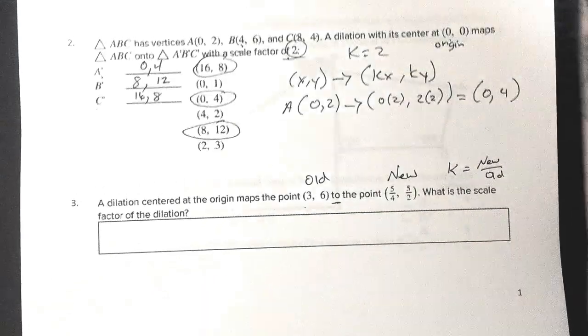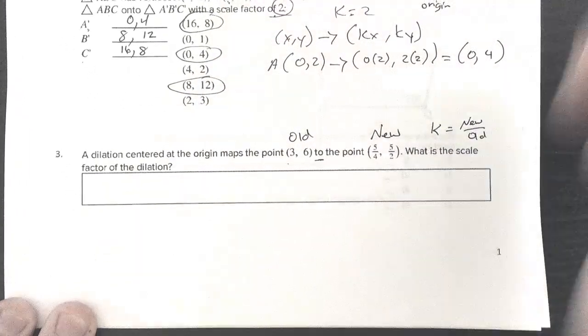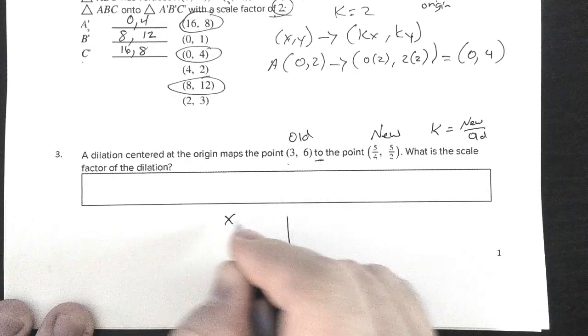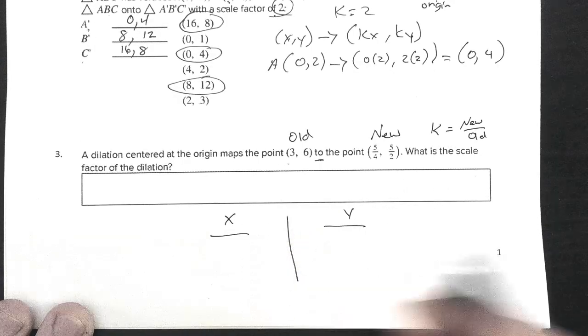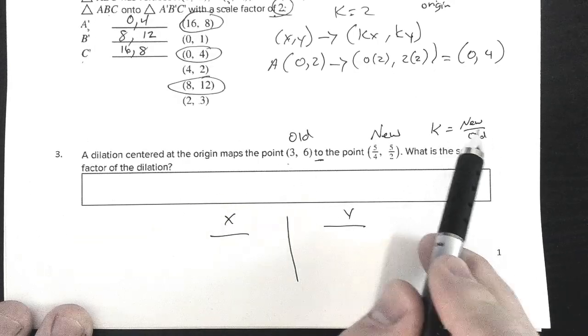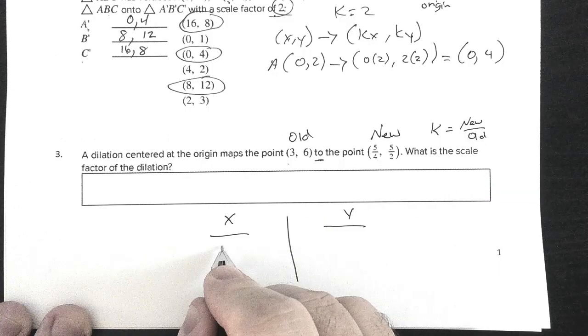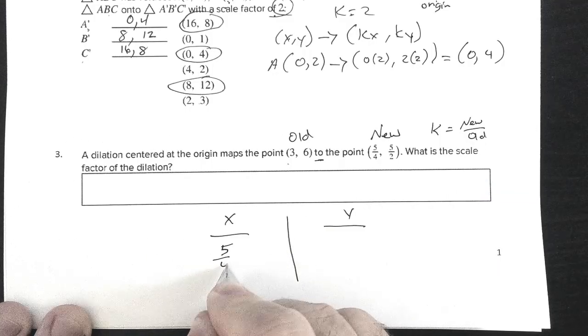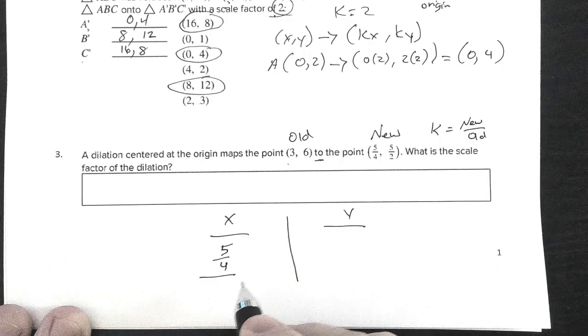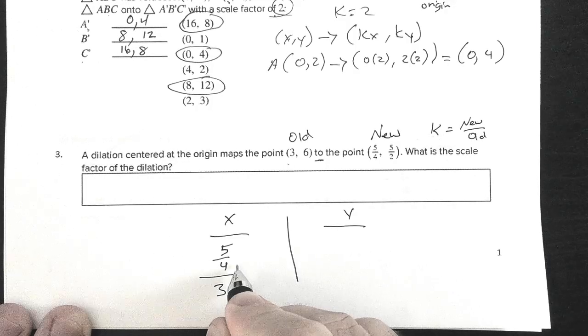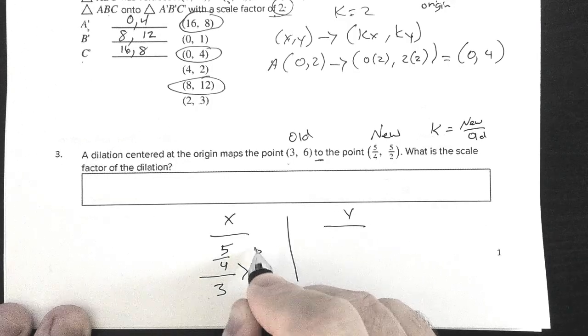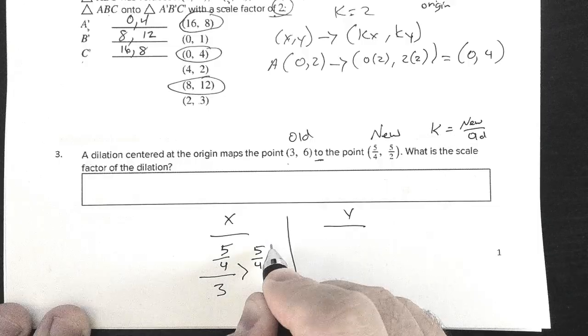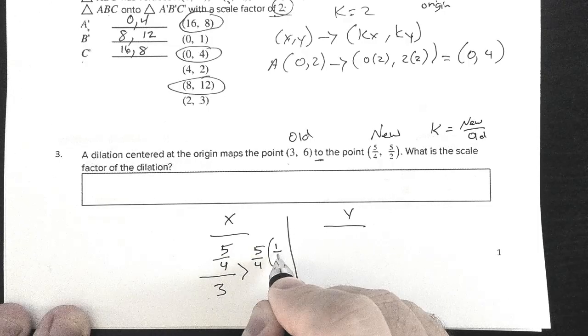Let me just scoot down a little. All right, so for X, for Y, new over old. So new 5/4 divided by 3, which is the same as 5/4 times 1/3.